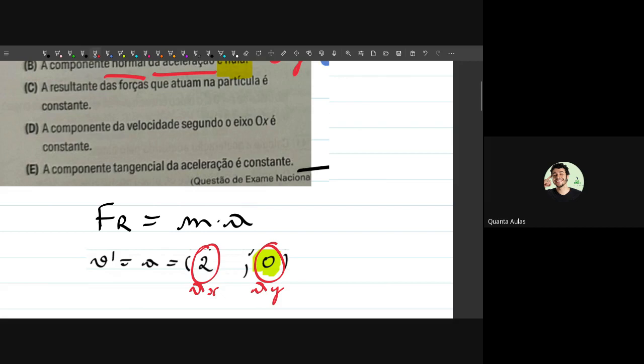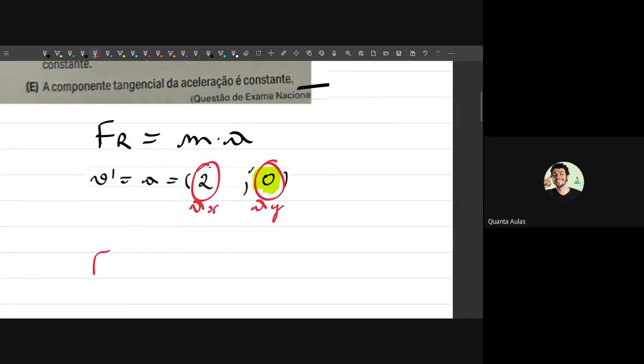So we can conclude, in this situation we don't have variation of the forces, because the force is something that depends on the acceleration. For example, in this situation, the force in x is the mass times the x acceleration, and in y the same thing, but with y acceleration.